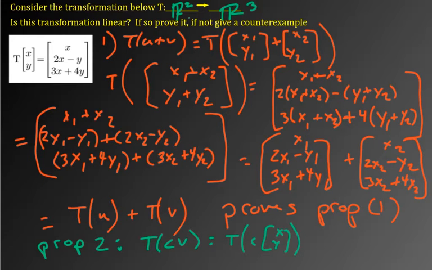You basically go through the same kind of thing where you multiply in, group some terms, and then show that you get c times T of (x,y). So you should read that in the book, but that's basically how you prove that a linear transformation is linear.